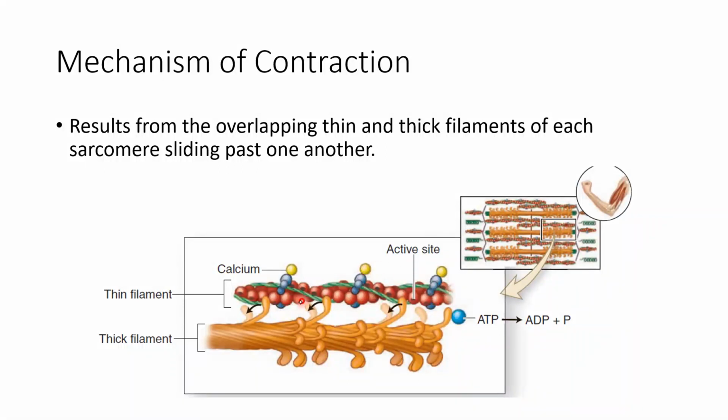So gradually, this actin filament moves in this direction and increases the overlap. Right? You can see the thin filaments are well overlapped on the thick filaments.